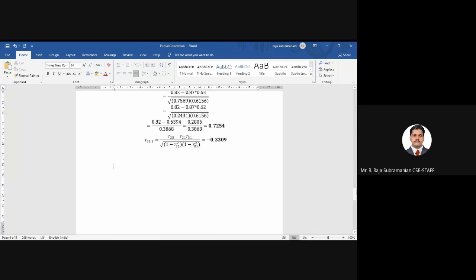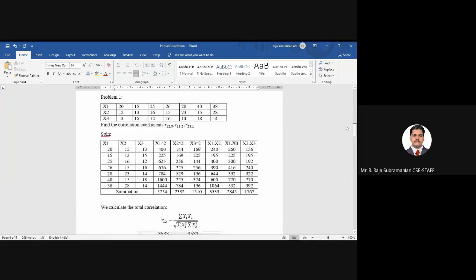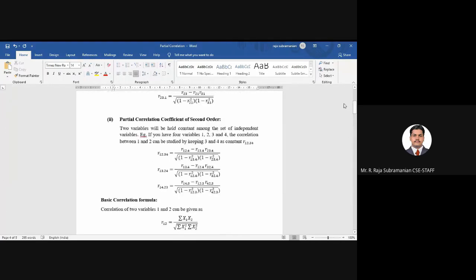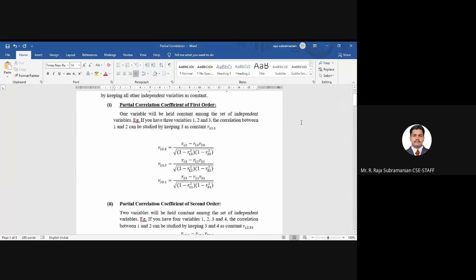So this is what the partial correlation coefficient is all about, right? The idea is keeping any one variable constant and using the other two variables to be related. Now R12, that is variables 1 and 2, is related by keeping the third variable constant. For example, as I said yesterday, if I want to predict rainfall, I can use humidity and temperature.